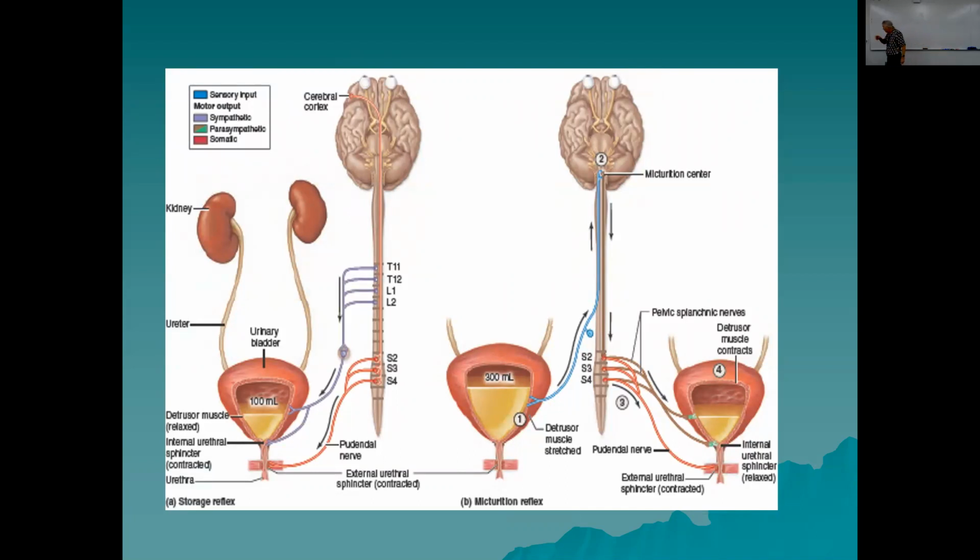And then we have a somatic motor neuron, the pudendal nerve, that controls the external sphincter, and we can keep that closed until, like I said, the right time and place to open up the external sphincter and then be able to urinate.